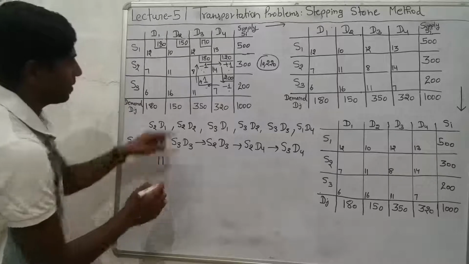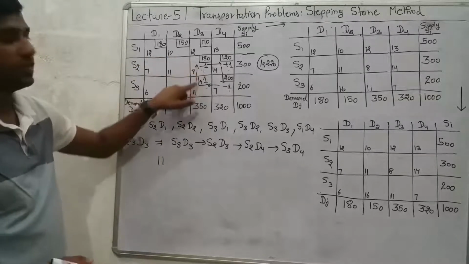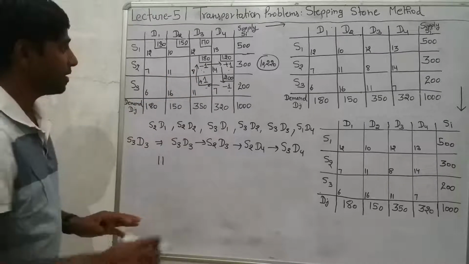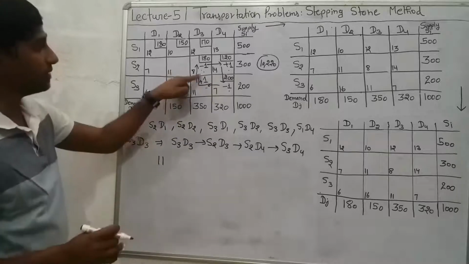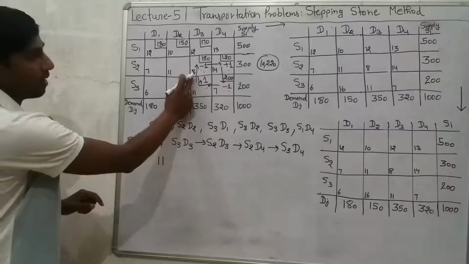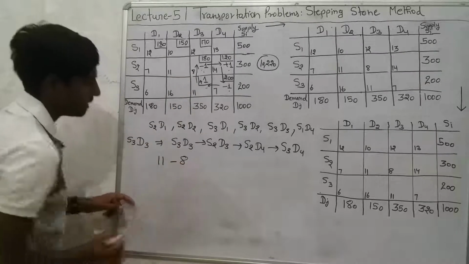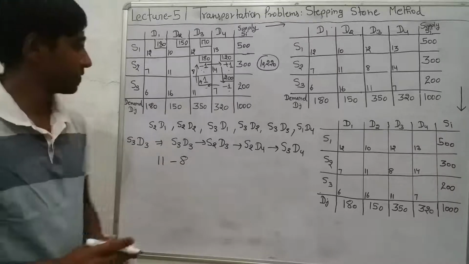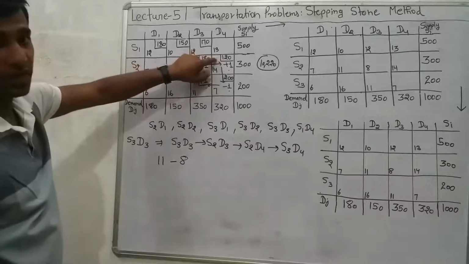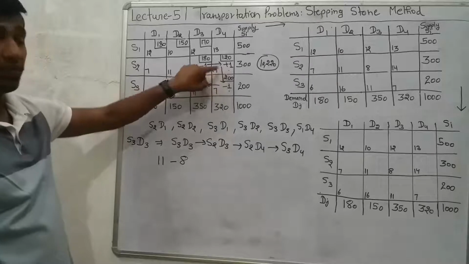Now look at this cell. Earlier we were transferring 180 units from this cell, but now we are transferring only 179 units. It means we have taken away 1 unit, so the total cost is reduced by 8 rupees. Now look at the next row. Earlier we were transferring 120 units, but now one extra unit, 121 units.